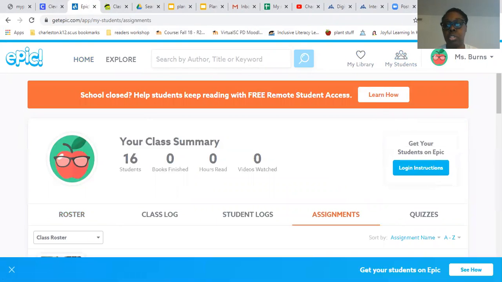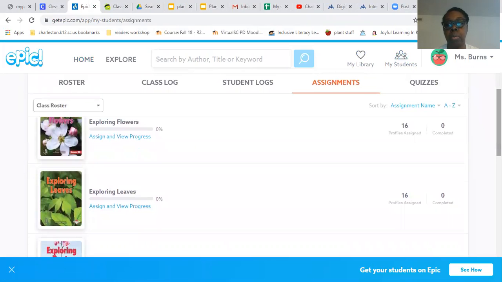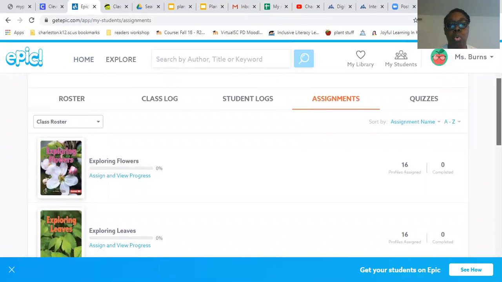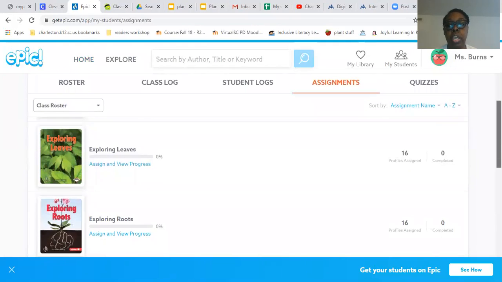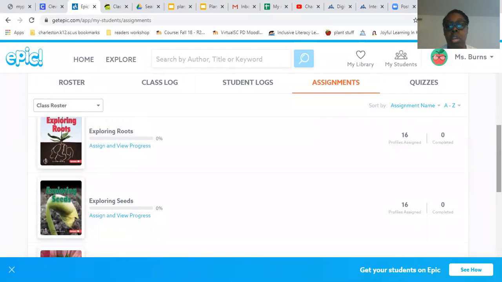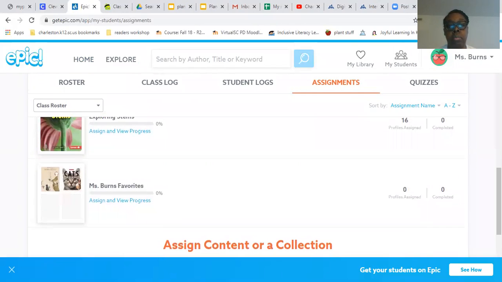I'm clicking into student assignments right now. These are some of the books that I have assigned that you can look at in EPIC for science: Exploring Flowers, Exploring Leaves, Exploring Roots, Exploring Seeds, Exploring Stems.